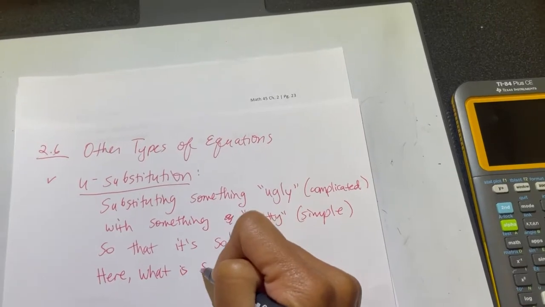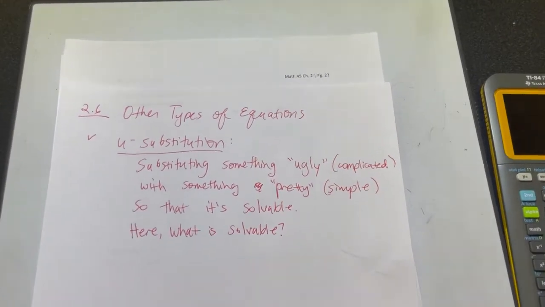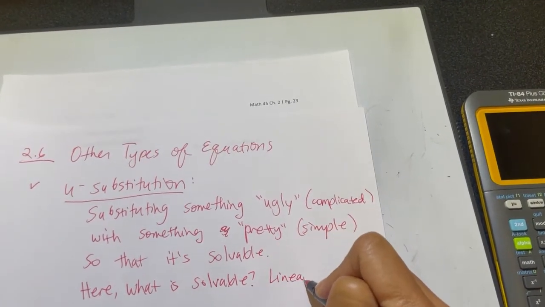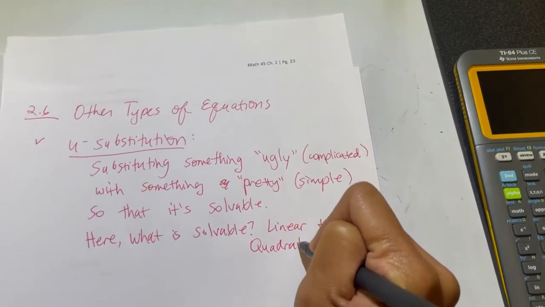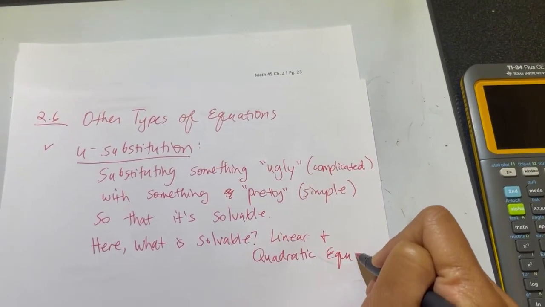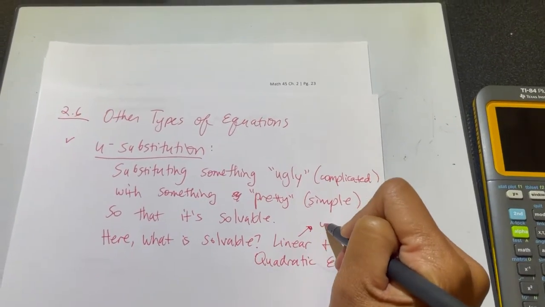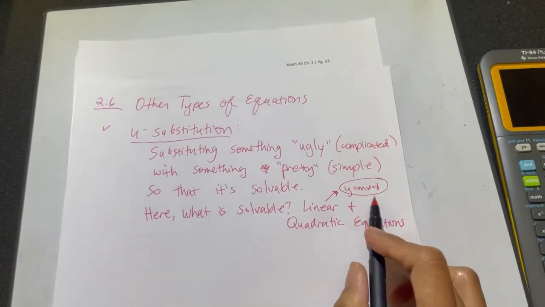In this class right now, what is solvable is that we can solve linear equations and quadratic equations, right? A linear equation looks like y equals mx plus b, where the highest exponent is 1.